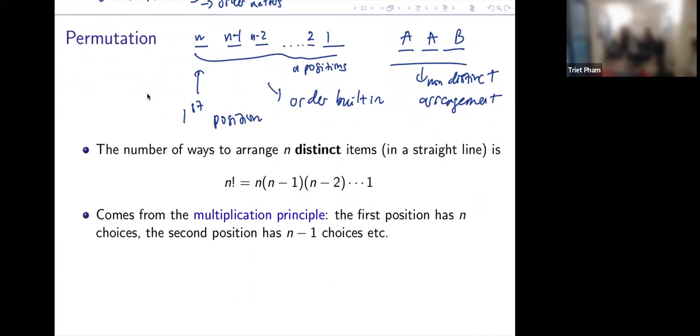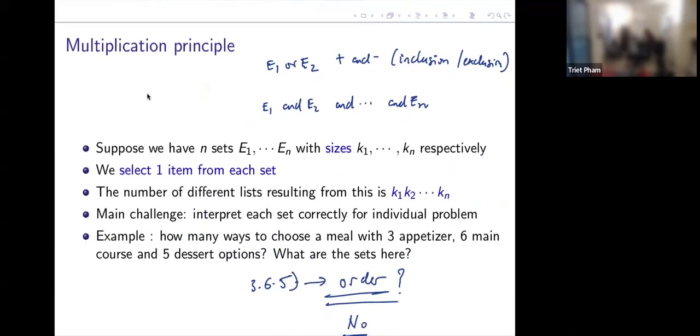You have to look at, when you count, are you saying that language? Are you saying the first one is this, the second one is that? If you do, you have built position in, you have built order in, because you have said first and second. But if you don't, well, a meal is a meal, wherever you put the appetizer and stuff like that. So this has no order. So sometimes the multiplication principle includes order into the count, sometimes it doesn't. You just have to watch for when that happens.